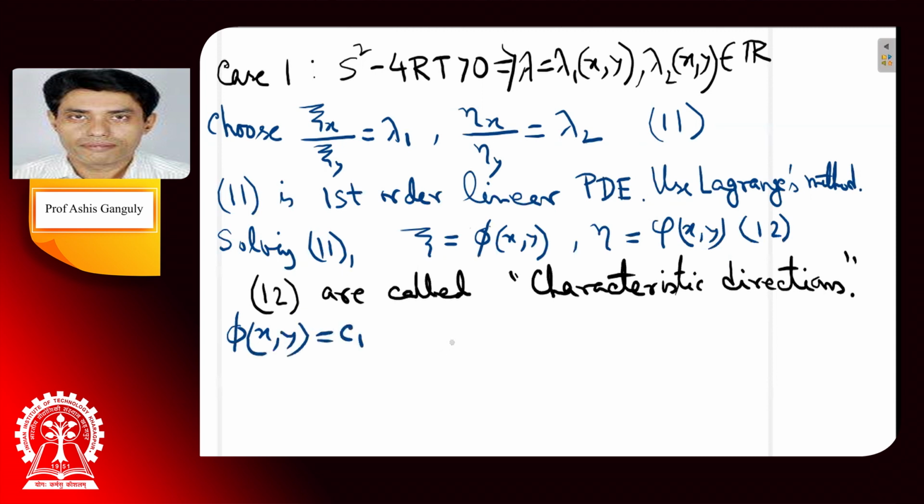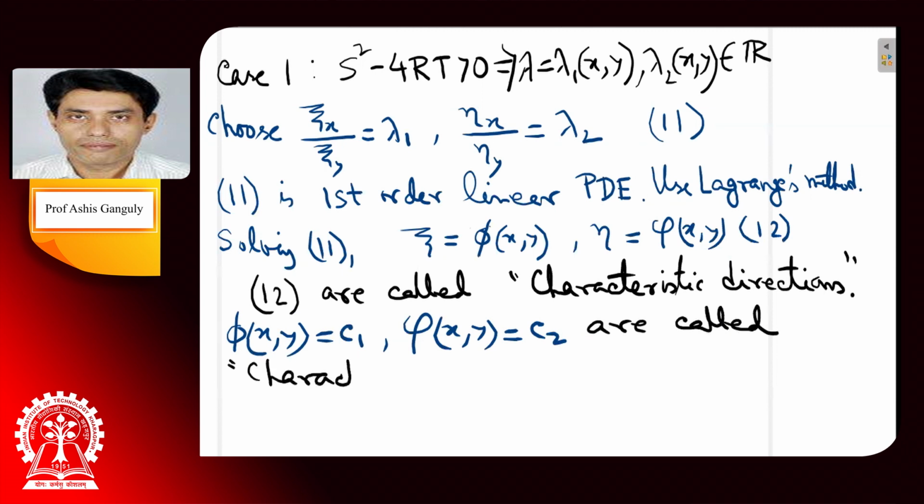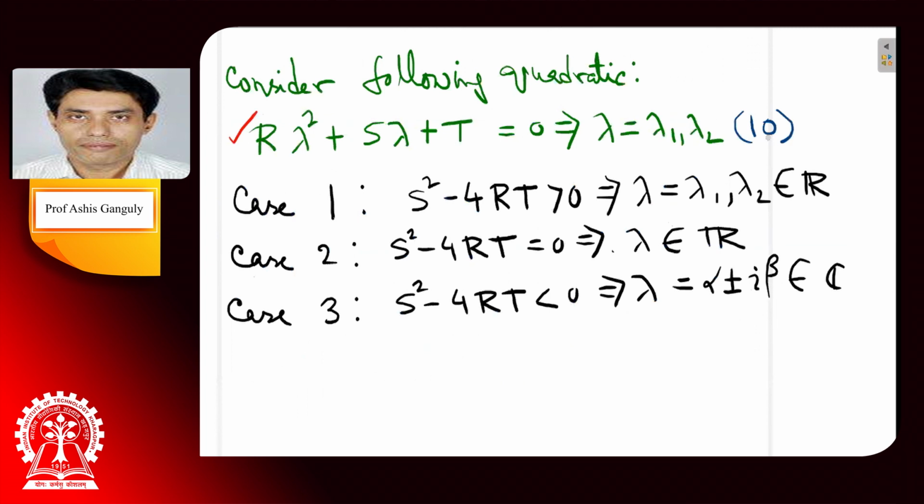Remember, from Lagrange's auxiliary equation, you will get two arbitrary constants, which is this, phi(x,y) equal to C2. These are called characteristic curves. So remember, characteristic directions and characteristic curves correspond to roots of the quadratic I showed you previously.